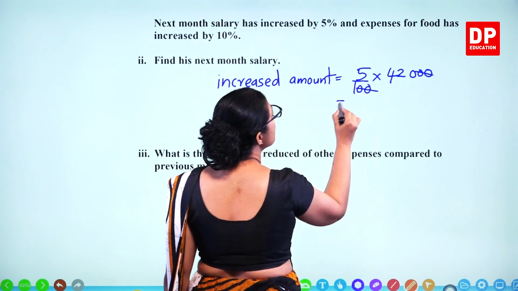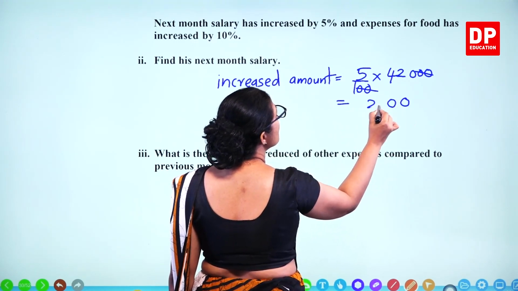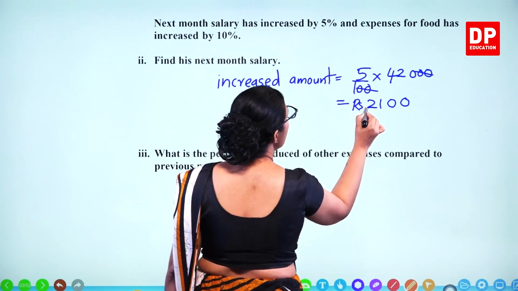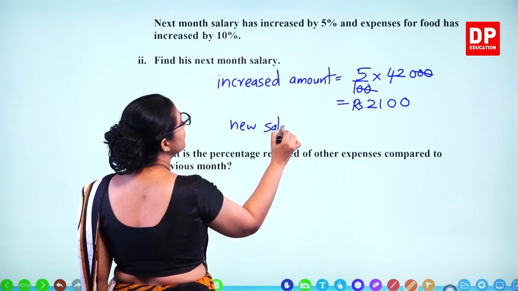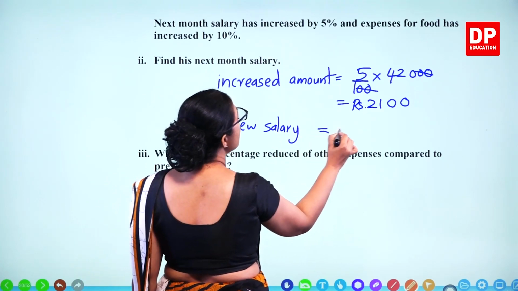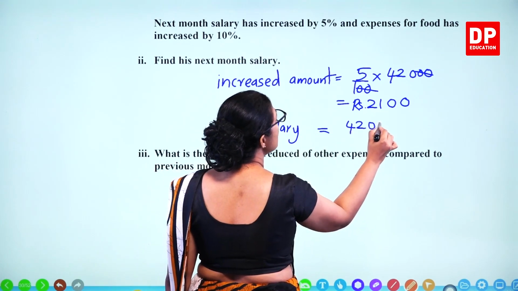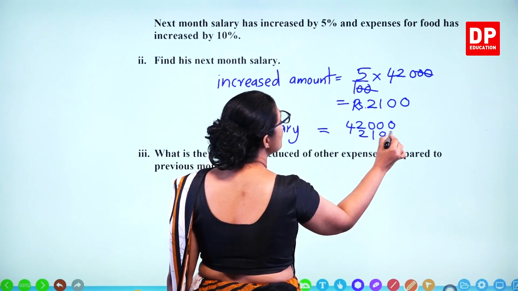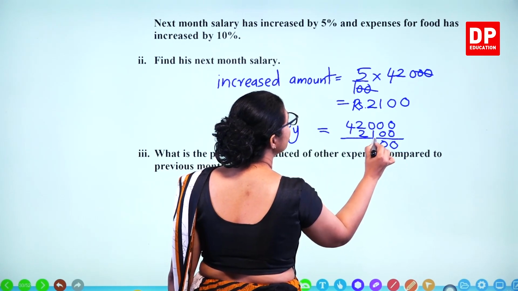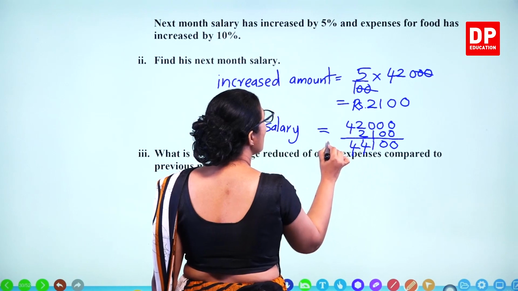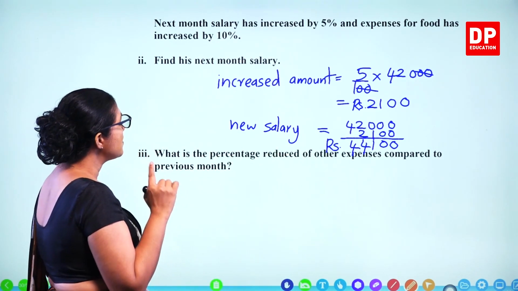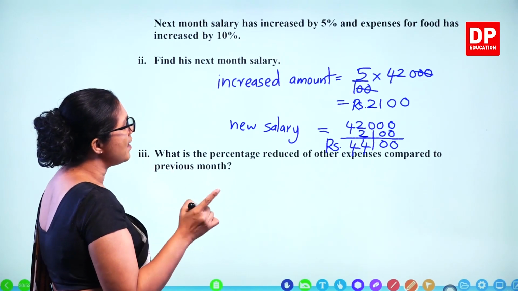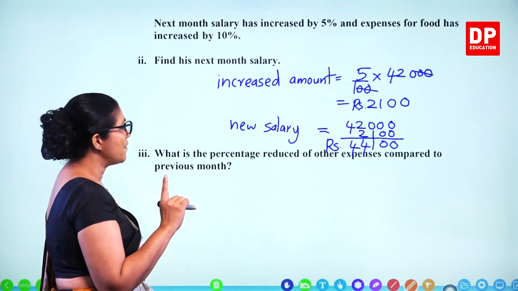So you get 2,100 rupees. So what's the new salary? Next month new salary is 42,000 plus 2,100. 44,100 rupees.